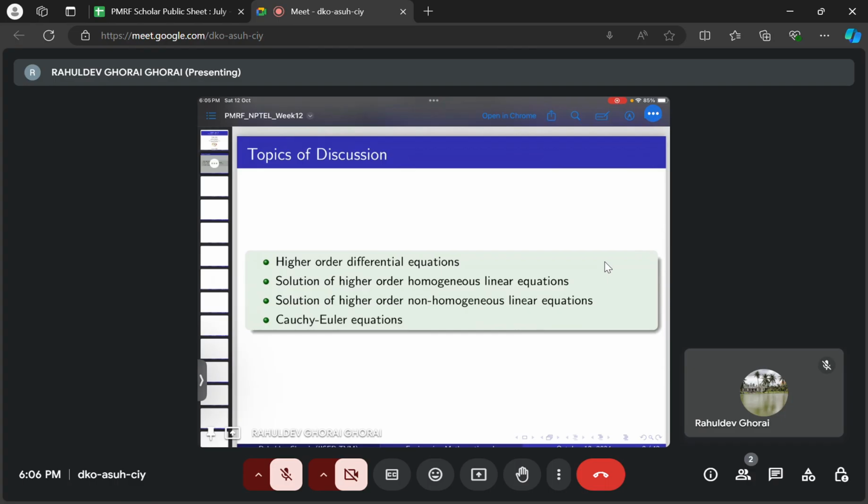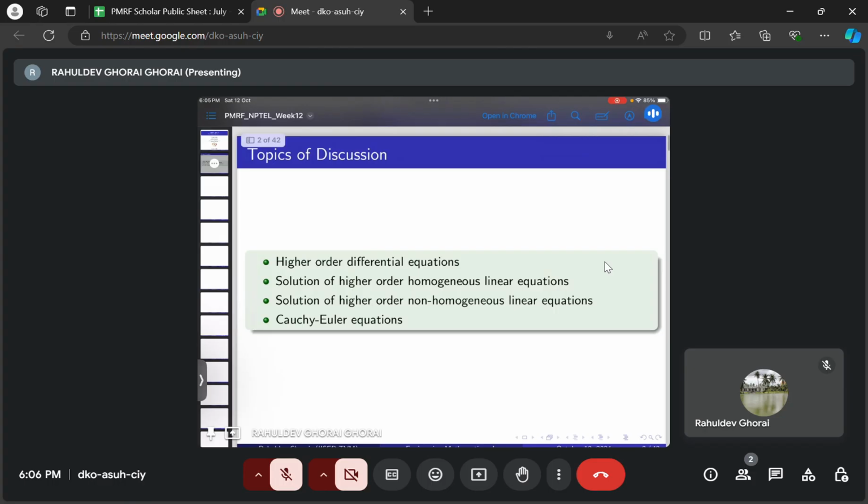One is the solution of higher order homogeneous linear equations and non-homogeneous linear equations, of course higher order, and then the Cauchy-Euler equation, which can also be homogeneous or non-homogeneous, but it's one special kind of differential equation. Okay, so mainly a differential equation of nth order.